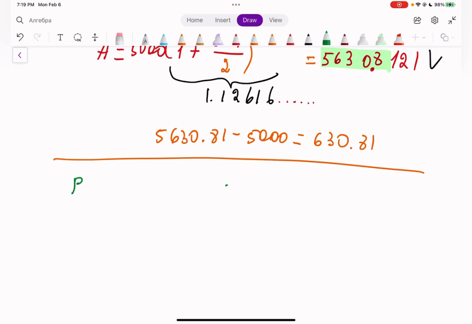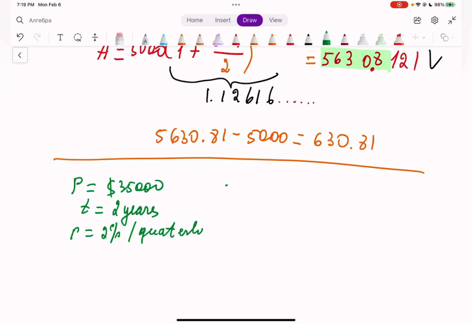Principal is 3,500. Time is 2 years. Rate is 2%, compounded quarterly. Find the total amount, meaning A, the accumulated amount.